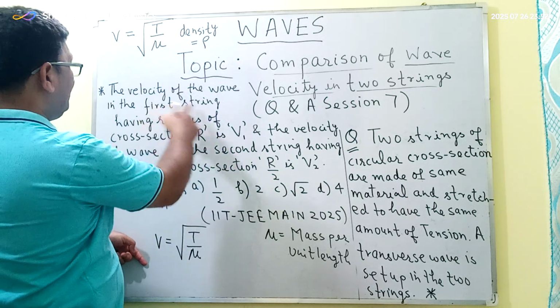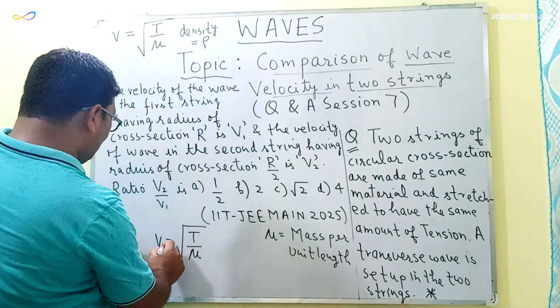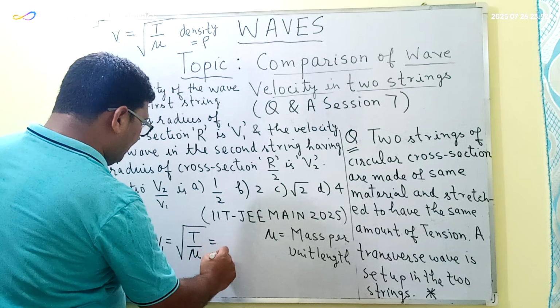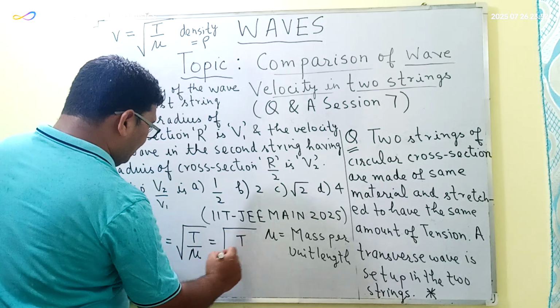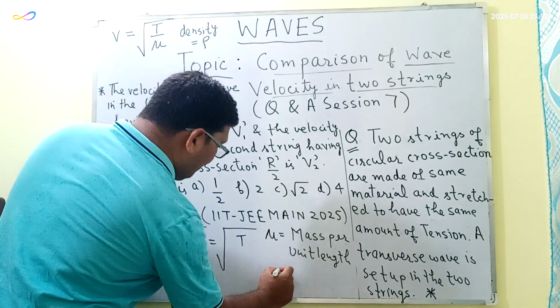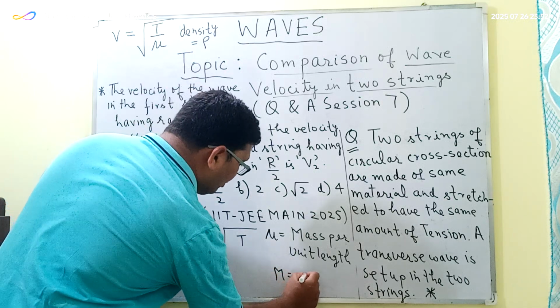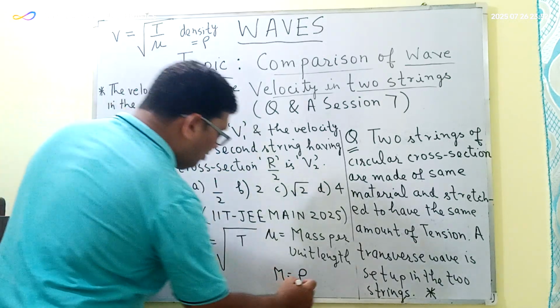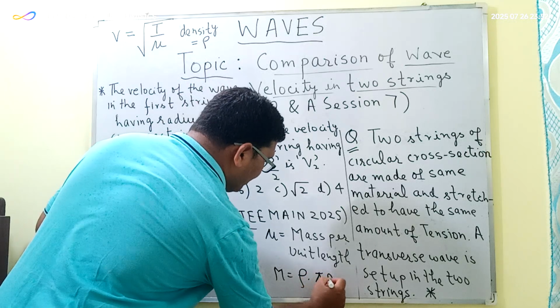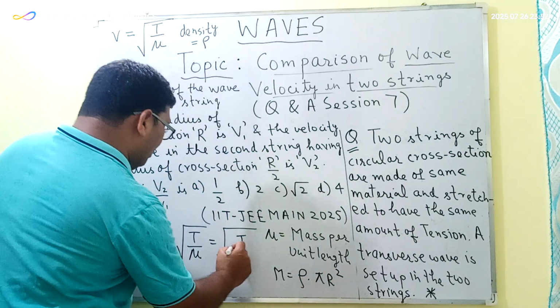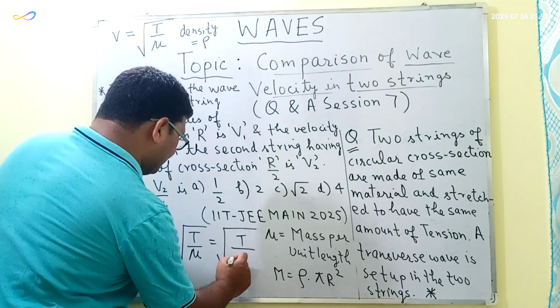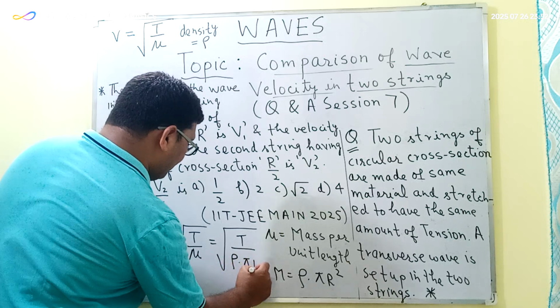In the first string, the velocity is equal to v1, so this will be equal to under root T. Now mu is equal to mass per unit length, and mass is equal to density into volume. So density has been taken as rho, and volume will be equal to pi r square.